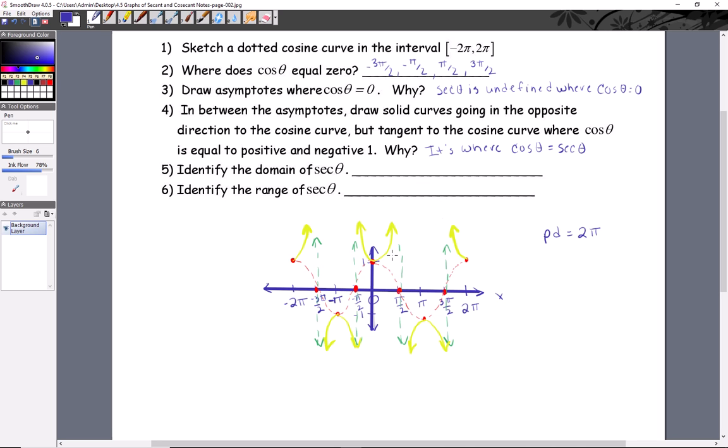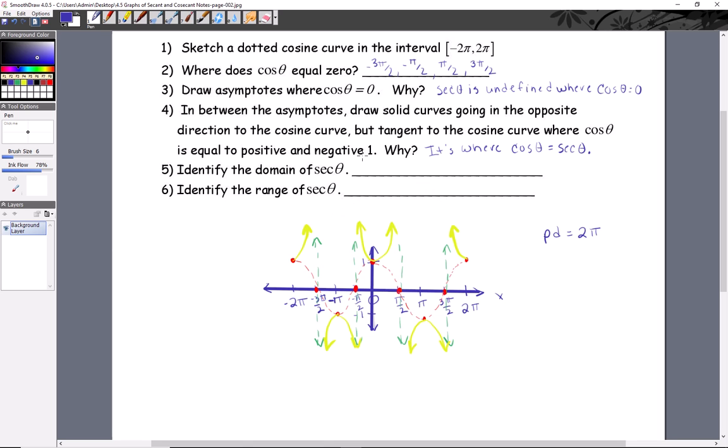Easy peasy, because if cosine theta equals 1, the reciprocal for secant is 1 also. And when cosine theta equals negative 1, then the reciprocal of negative 1 is also negative 1, which is the value for secant. So that is where the two are equal.